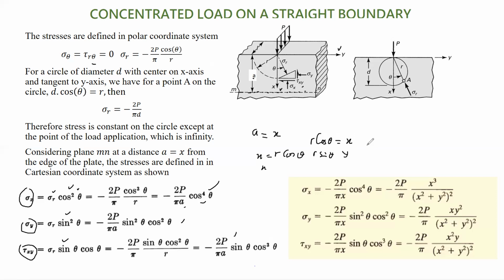So if we square them, r squared cosine squared theta is equal to x squared, and r squared sine squared theta is equal to y squared. So you can add them up. And of course, r squared would be x squared plus y squared.